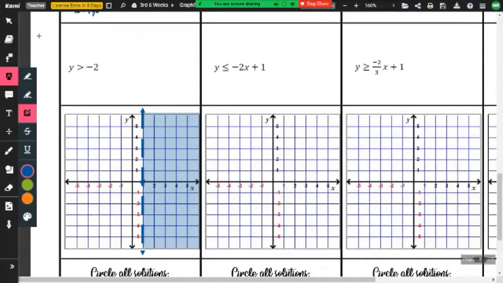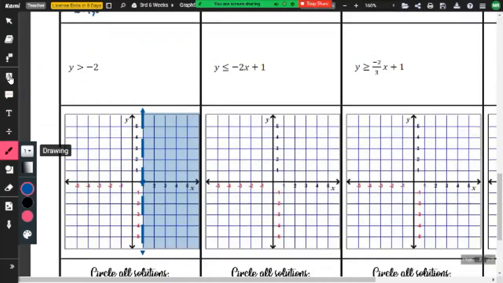Next, we have y is greater than -2. You have a y, there is no x, so you should automatically be thinking hoy. Now, the slope of a horizontal line is 0.